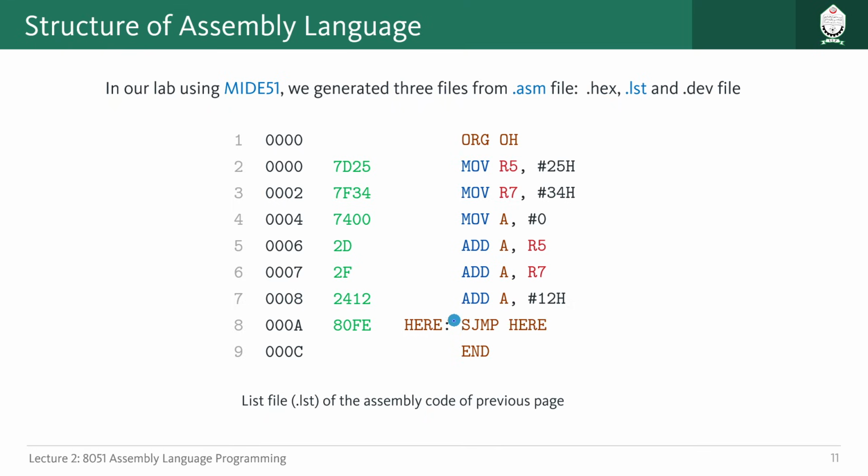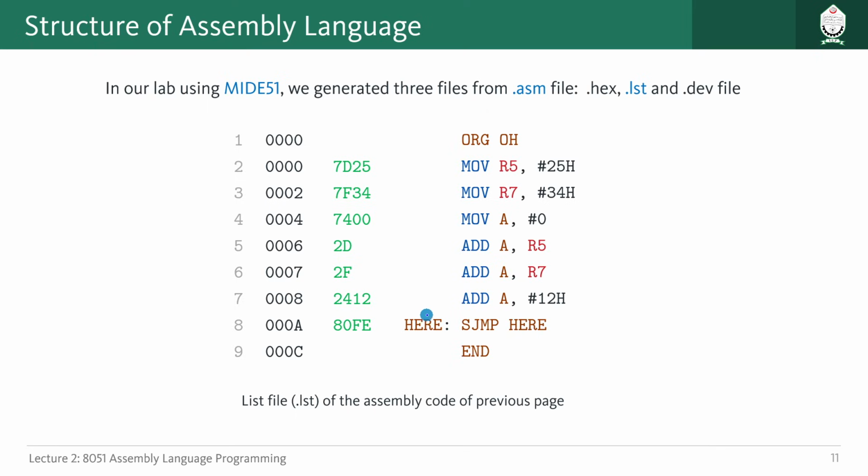This is another instruction we will learn very soon, but this is just an example of an infinite loop. This is the label here, and this is the instruction. Whenever you have a short jump, it says that whatever label you have here, go to that line. So it will go to the same line, and after coming here it will again get the same command, short jump to wherever you get the label.